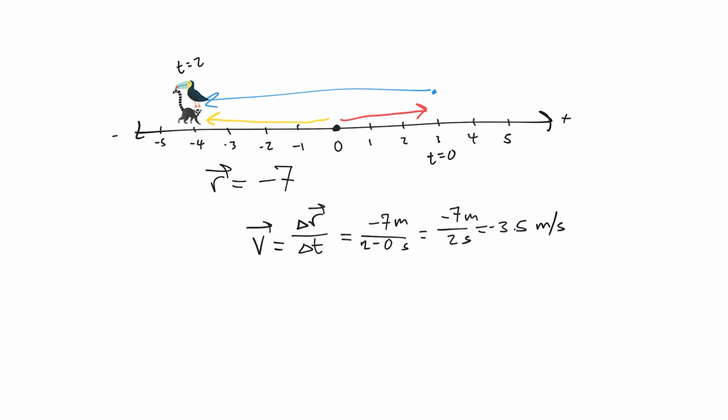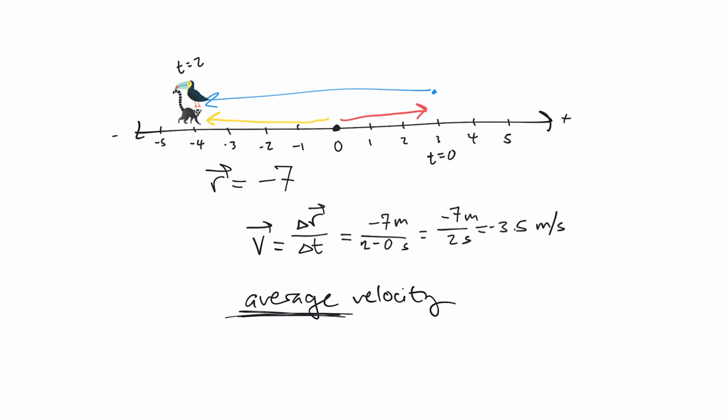And that's because this equation, that velocity is change in displacement divided by change in time, is simply the average velocity. It will not tell you in between the 2 points what the actual velocity was. So it's called the average velocity.